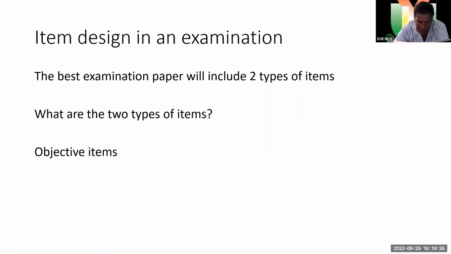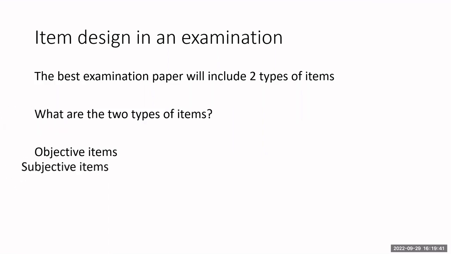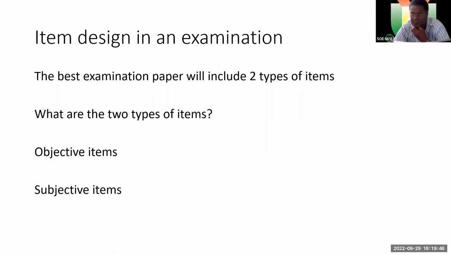We have two types of items. We have objective items and the other one, subjective items. Okay, thank you very much. Those are the only two types of items for any mathematics or any examination. It could be in any subject, but there will always be two types of items: objective items and subjective items.